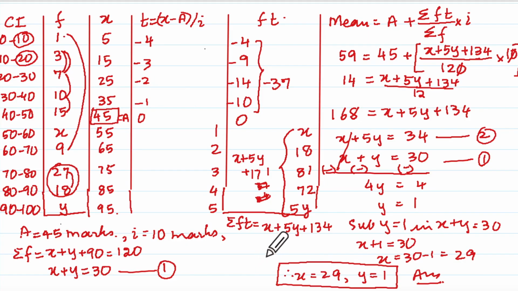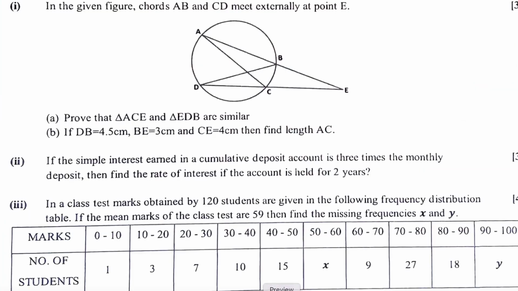Okay, so this will be 1 mark, this will be 1 mark. To get this equation will be 1 mark, and to get x, I think it could be 5 marks. Let me just check. Is it really 4 marks?